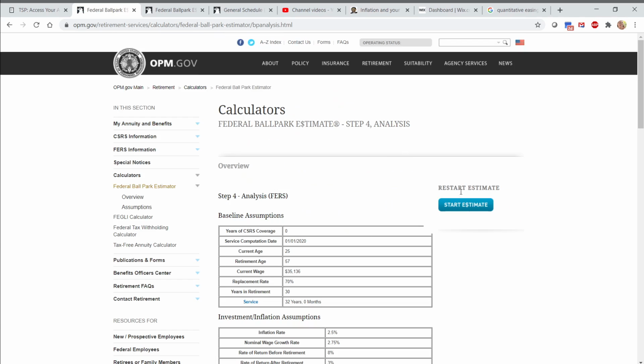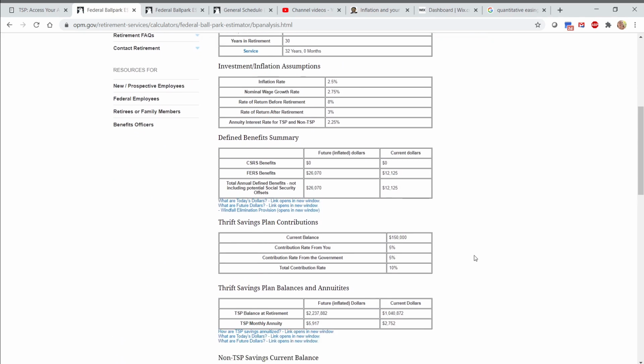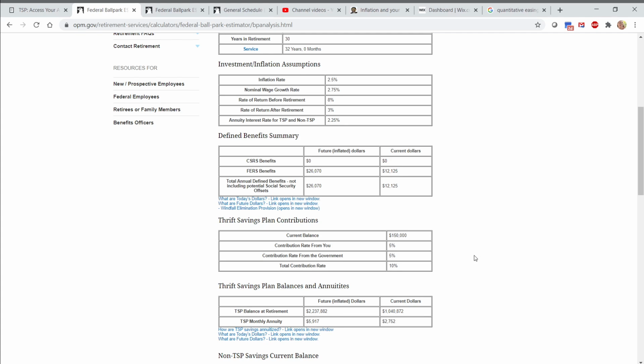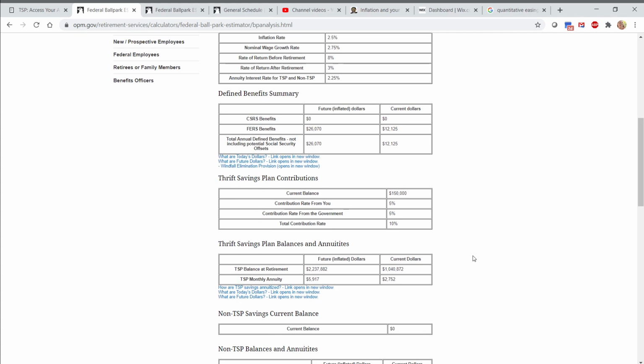If I submit the form, at that current savings rate, I should have $1 million in my retirement. 30 years from now, that same million will be worth 2.2 million. So if over 30 years I give what I'm currently giving, this is what I'll have.